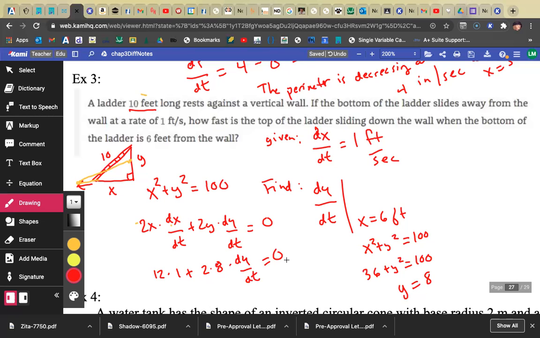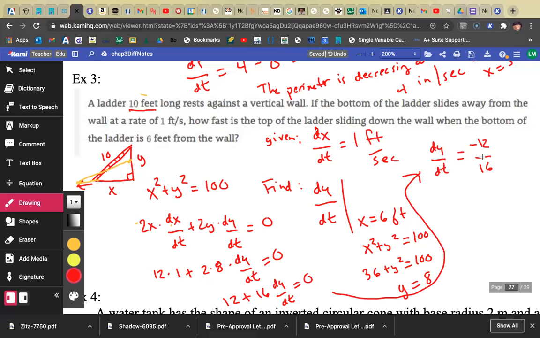I'm going to do a little bit of algebra here. So this is going to be 12 plus 16 times dy/dt equals 0. If I subtract the 12 and divide by 16, I'm going to get dy/dt will be negative 12 divided by 16, and that's going to be feet per second.